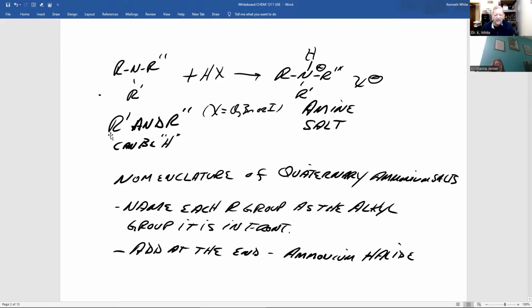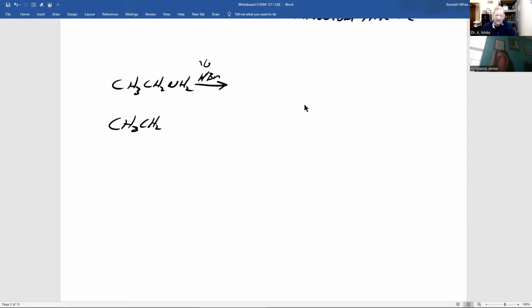All right, let's look at this reaction again. Any amine with acid will give you an amine salt. And if we react this with acid, I can put it up on the arrow, or any organic chemist would do this.